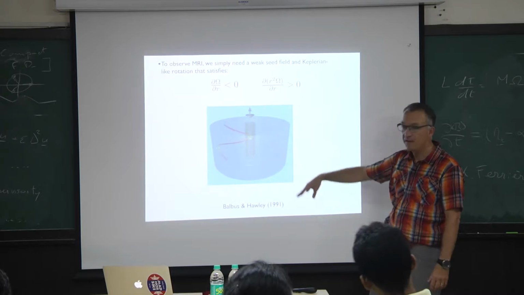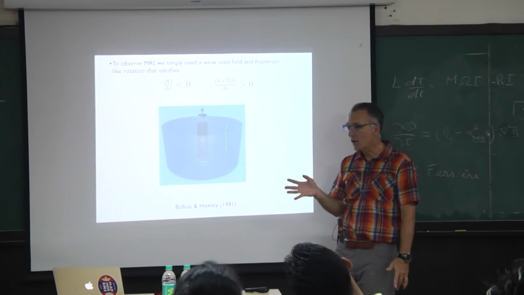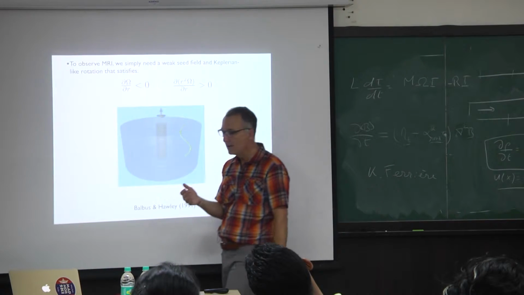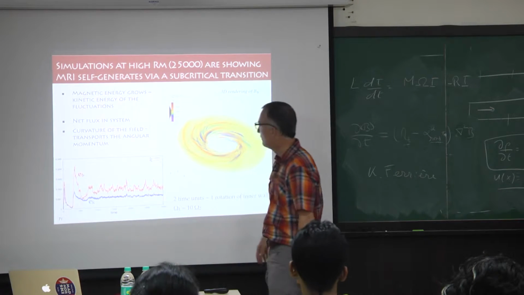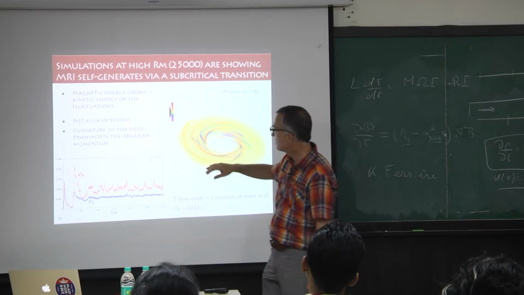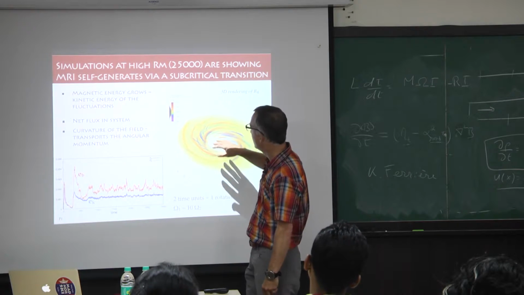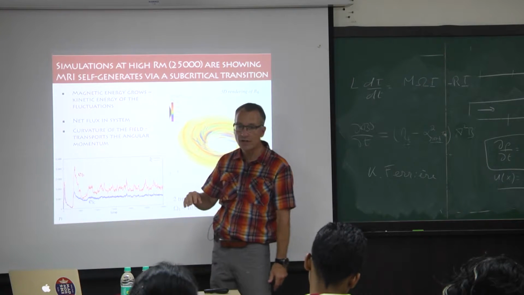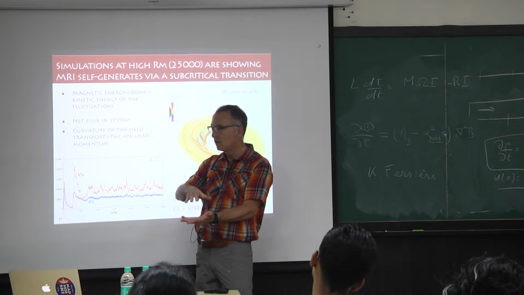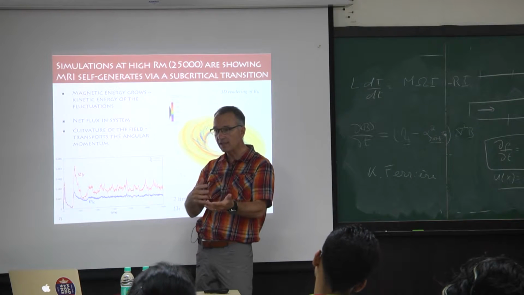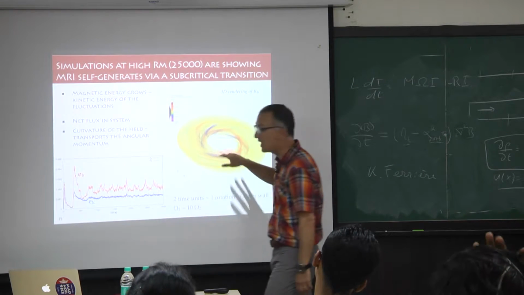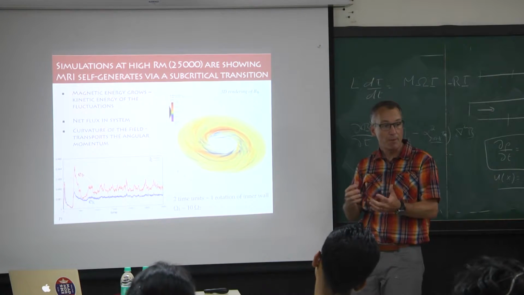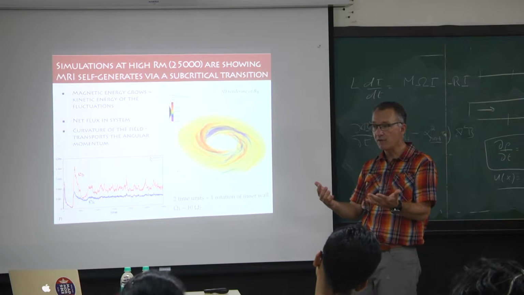Where does the magnetic field come from? This is a great question for dynamo theory. The current thinking is when you take these systems to very high values of magnetic Reynolds number, they exhibit what's called a subcritical transition. You don't need to seed it with a magnetic field. This turbulence itself can spontaneously self-generate, much in the same way that turbulence in a pipe flow self-consistently reinforces itself.